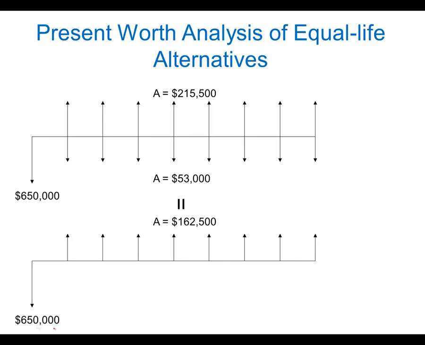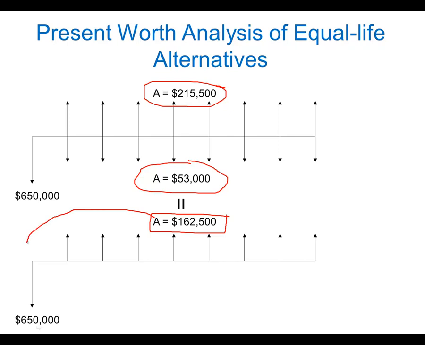And this is the cash flow diagram, which is basically the same as the table. You can see the inflows and the outflows shown here, and we can either do it the first way, where we have the 215 and the 53 and bring both of these back here, or we can subtract and say actually this is equal to 162,500 and bring that value to the present value.